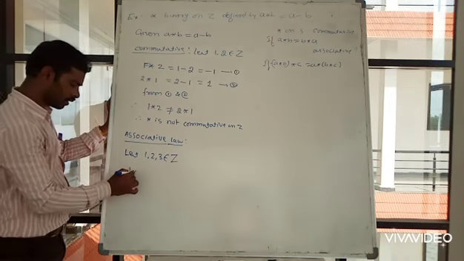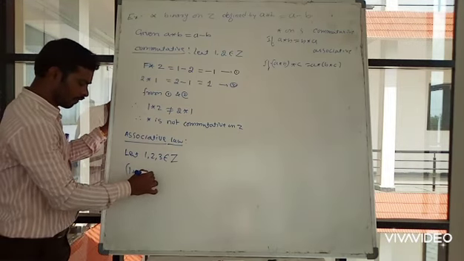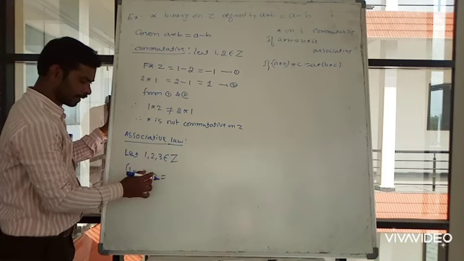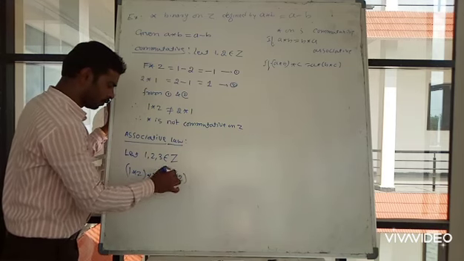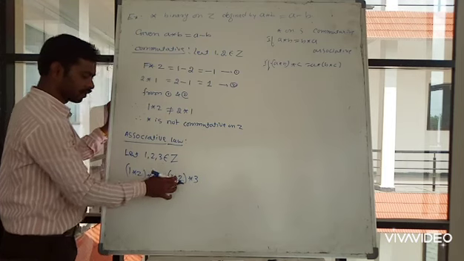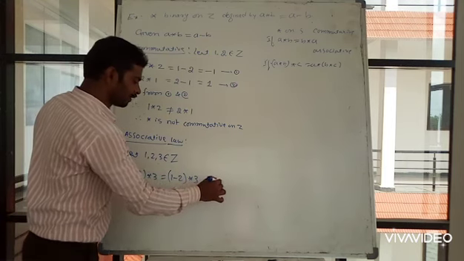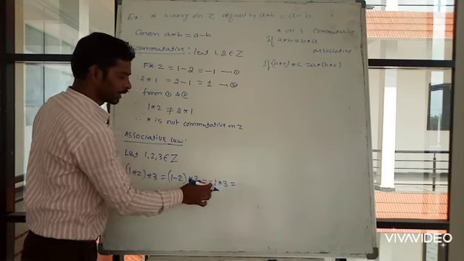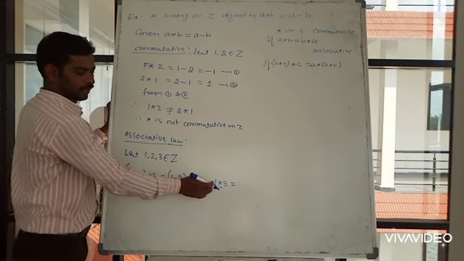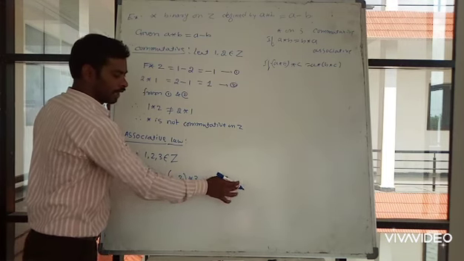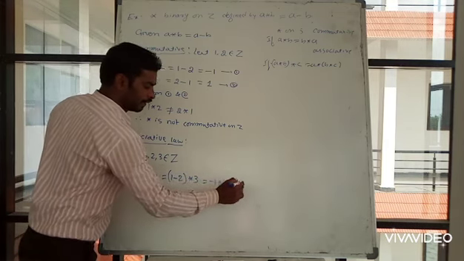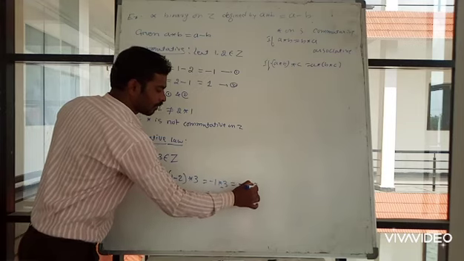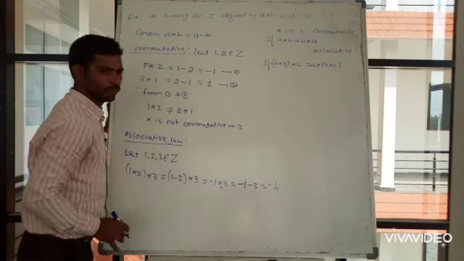Let 1, 2, 3 be the particular elements in the set. Then (1 star 2) star 3 is equal to, applying 1 minus 2, minus 1 star 3. Again apply the same operation: A star B is equal to A minus B, where A is minus 1, so minus 1 minus 3, which is equal to minus 4.